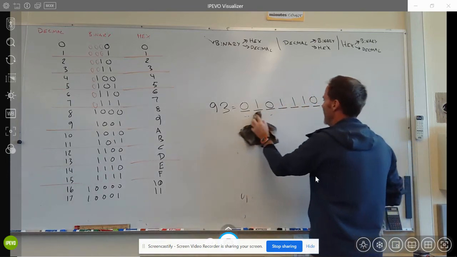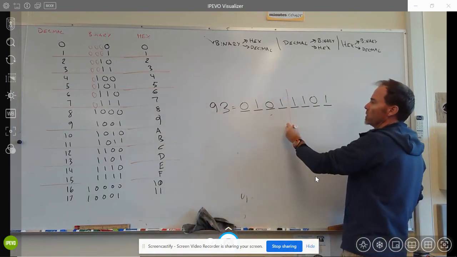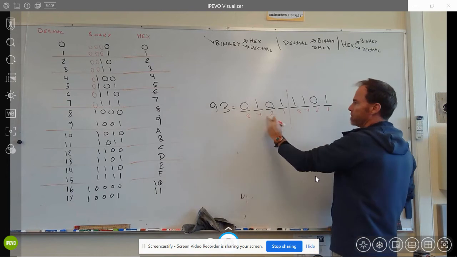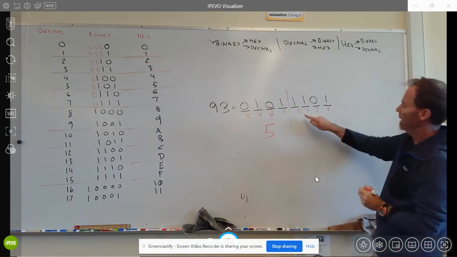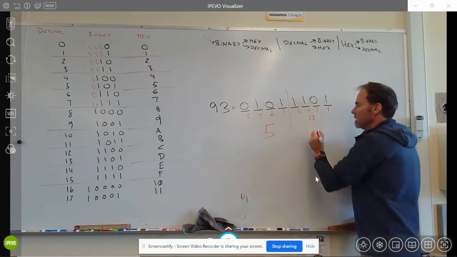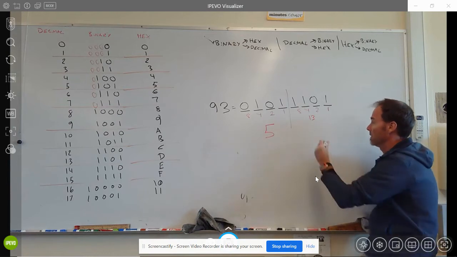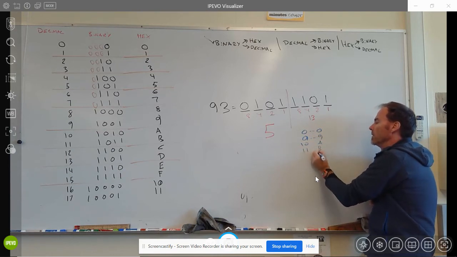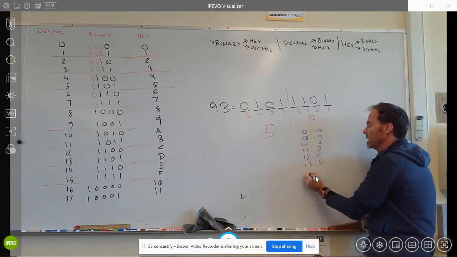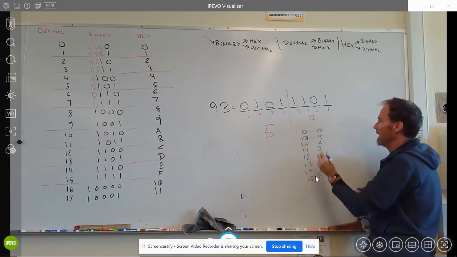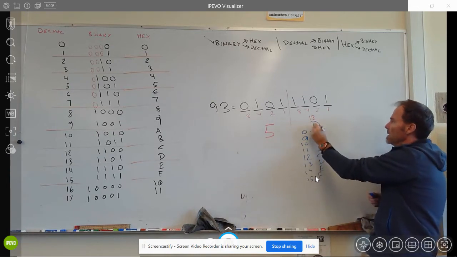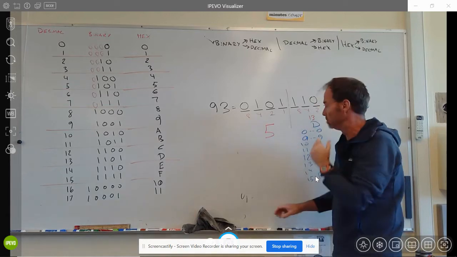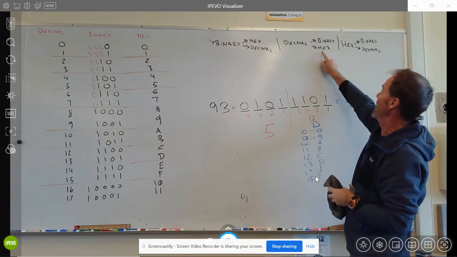So again, in hexadecimal, I bring it into chunks of 4. 2 chunks of 4. 1, 2, 4, 8. 1, 2, 4, 8. 4 and 1 makes 5. 0 to 9 is 0 to 9. 10 is A. 11 is B. 12 is C. 13 is D. 14 is E. And 15 is F. So 13 is D. So this guy is the same as 5D in hexadecimal. So that's decimal to binary and hex.